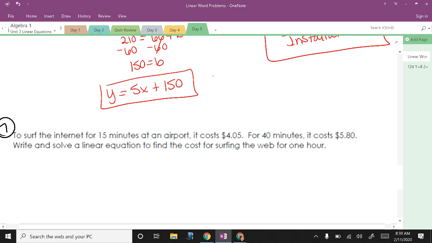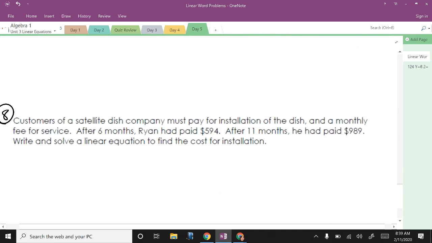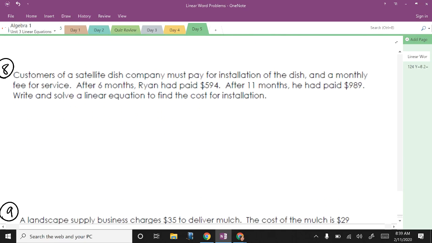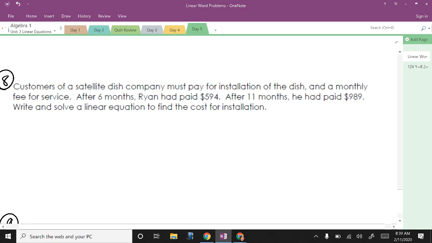All right, let's skip number 7. Number 8. Customers of a satellite dish must pay an installation of the dish and a monthly fee for service. Okay. After 6 months, Ryan had paid $594. Sorry, this is number 8. Yeah, we're skipping 7 for now. After 11 months, he had paid $989.